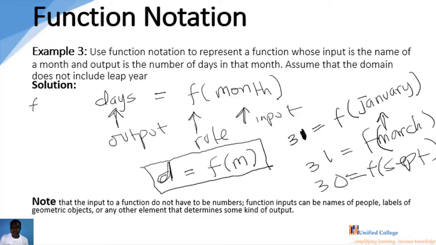Now note that the input to a function does not have to be numbers. Function input can be names of people, labels of geometric objects, or any other element that determines some kind of output.